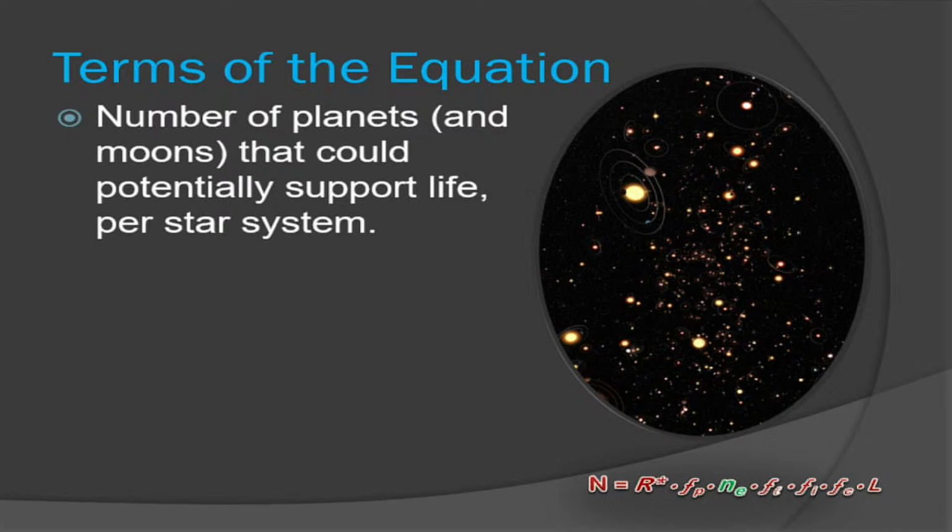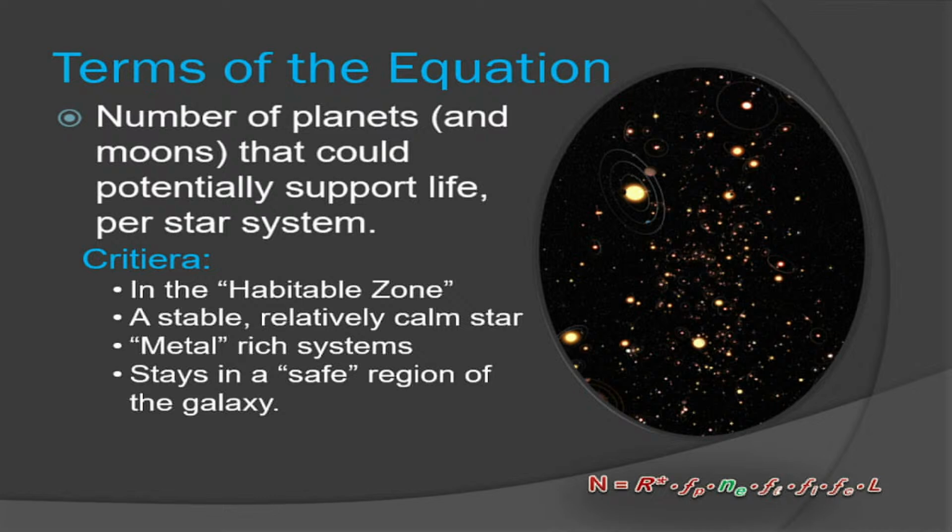So, the number of planets and moons that could potentially support life per star system. So we're here on the third term of our equation, and it has to be in the habitable zone, so where liquid water exists, with a stable, relatively calm star. A metal-rich system, I didn't really talk about that, but you have to have carbon, for example, and other heavy elements to make life possible, to make the chemistry possible.